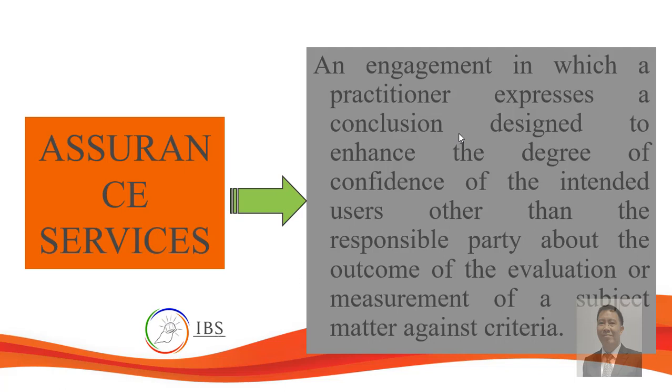These criteria can be the accounting standards or any requirement from government, which, shall we say, sets the standards to test the subject matter. In audit, it will be the financial statement, and it will provide a degree of confidence to intended users. The intended users can be stockholders or shareholders, government, investors, or banks.